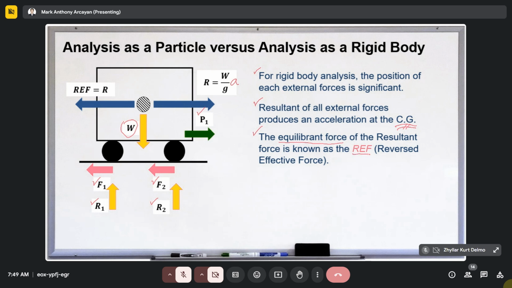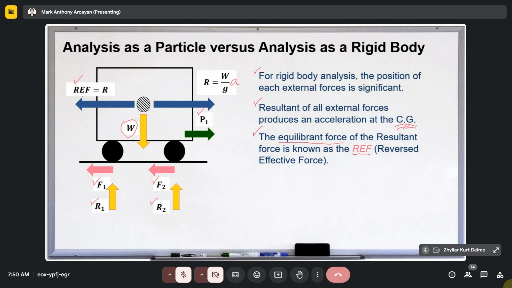So the REF has the same magnitude as the resultant, but in the opposite direction. Here in the figure, our resultant is to the right, because our resultant is always pointing in the direction of the acceleration. But the reverse effective force, or the REF, will oppose this resultant force.